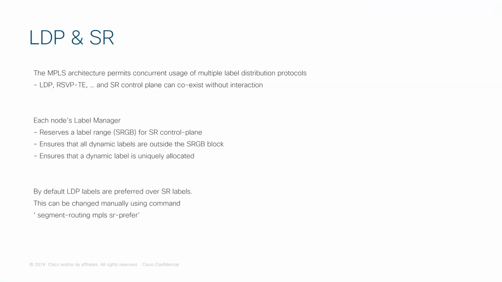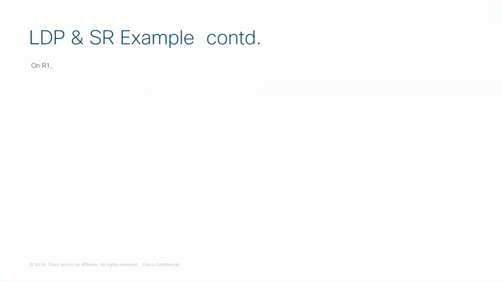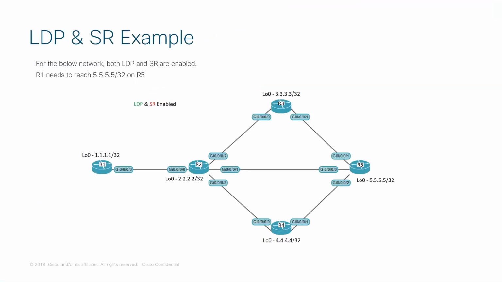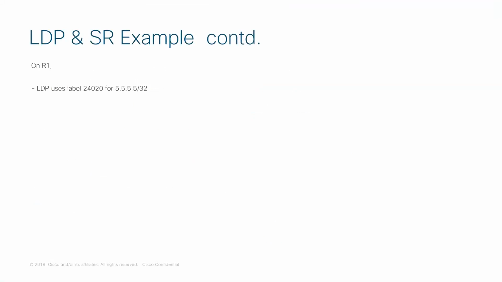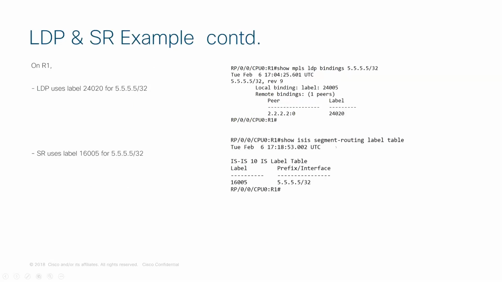LDP is preferred over SR; use SR prefer to have SR preferred. In this LDP and SR example I have both enabled, same topology. On R1, if you check the LDP label for 5555, it uses 24020. For SR, it is 16,005. So LDP allocated a label and SR allocated a label.